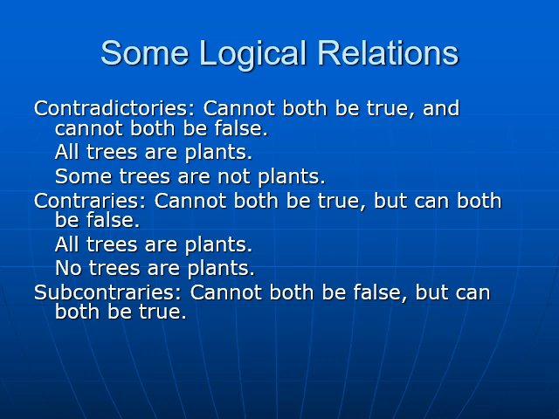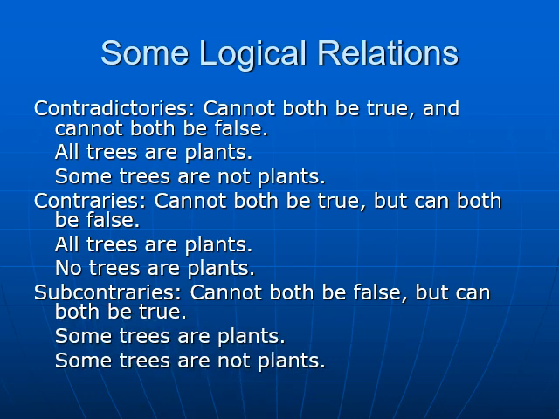Now for our third category of logical relations, namely subcontraries, they're slightly different yet again. They cannot both be false, but they can both be true. Let's plug in an example. Some trees are plants, some trees are not plants. Pretty obviously, those could both be true.